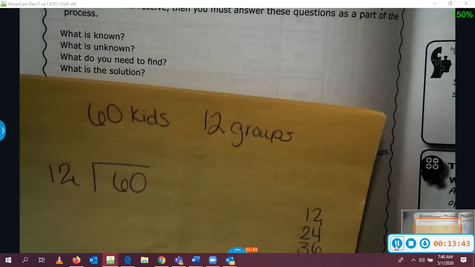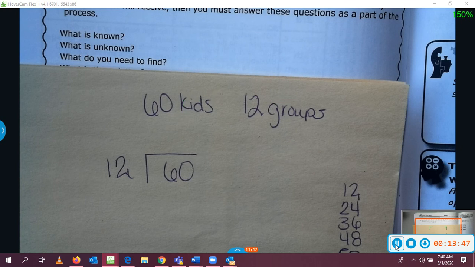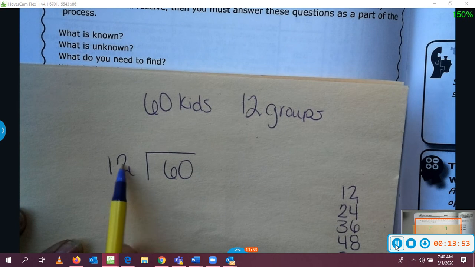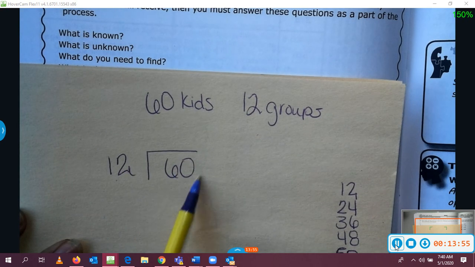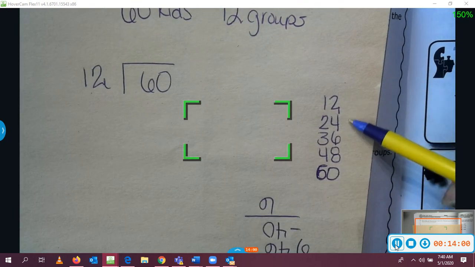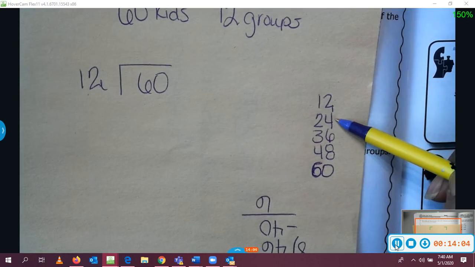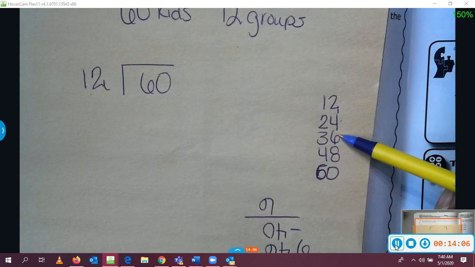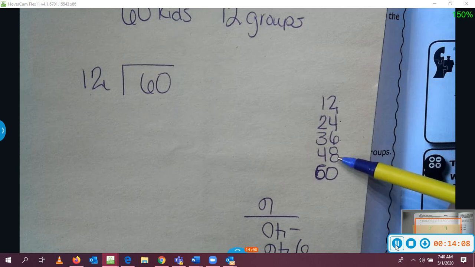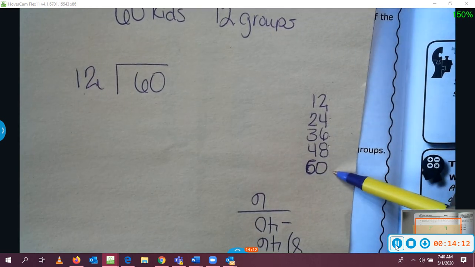Okay. We know that there are 60 kids. We know that they were trying to put them in groups of 12. So we need to take 12 and see how many groups of 12 we can get out of the number 60. So then we will go over here and write our groups of 12. 12 times 1 is 12. 12 times 2 is 24. 12 times 3 is 36. 12 times 4 is 48. 12 times 5 is 60.